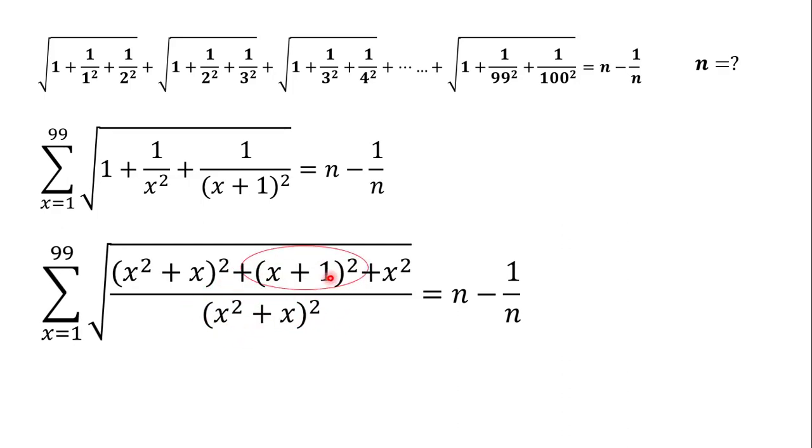In the next step, look at these terms. This can be expanded using this identity: a plus b squared equals a squared plus 2 times ab plus b squared.